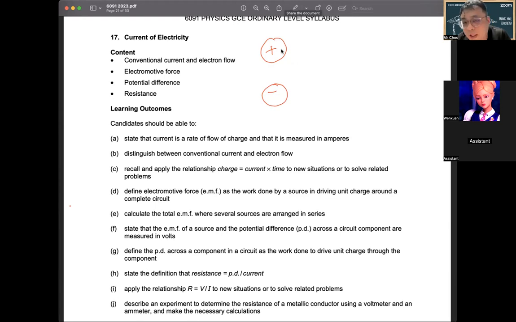Are you able to understand this concept? The amount of charge, we use this term called charge. Charge measures how many charges there are. So this charge is the amount of charges there are. Are you all clear about this so far?